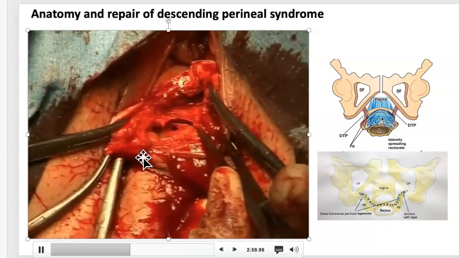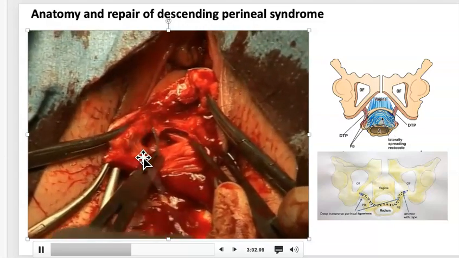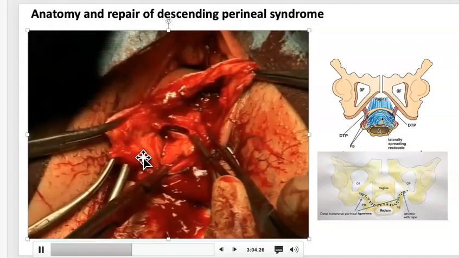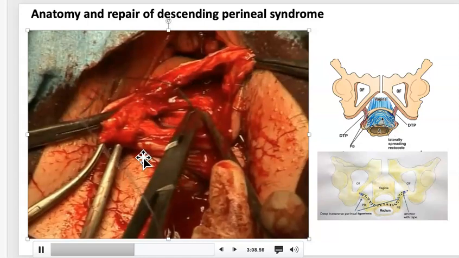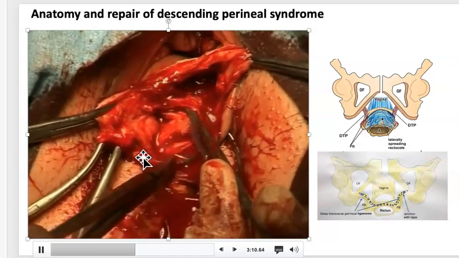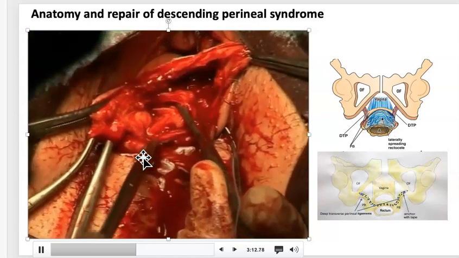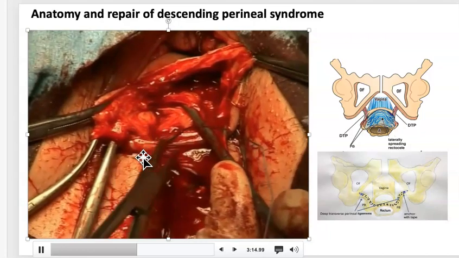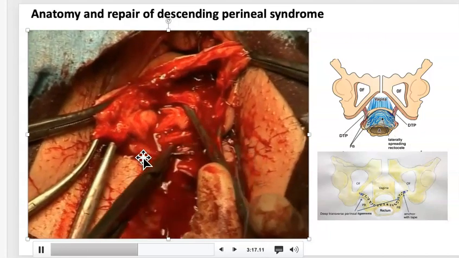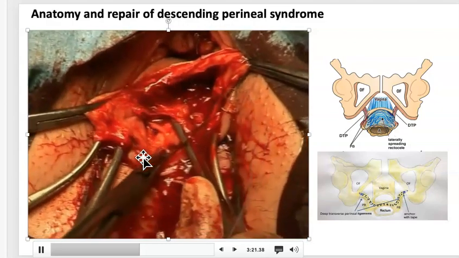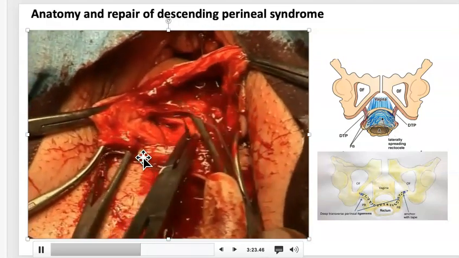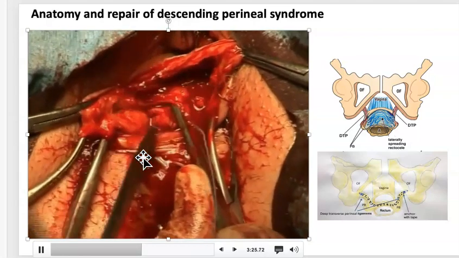So I've pulled over the rectum and I dig in here. It's quite lateral. There's the perineal body, it's quite lateral here. There's the rectum there. I'm digging in with the needle. Pulling it out there.